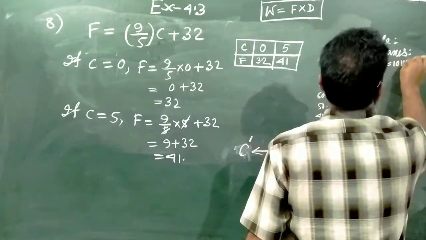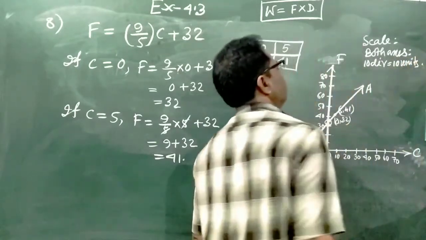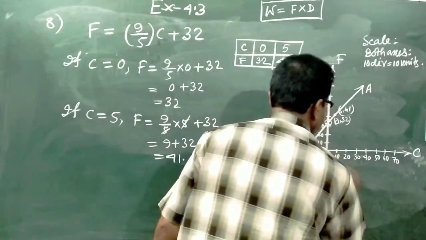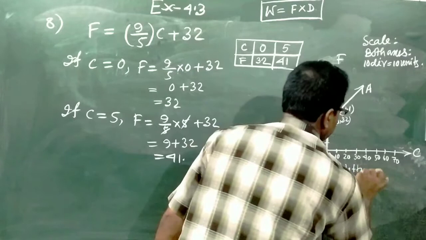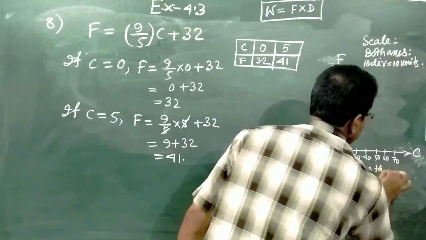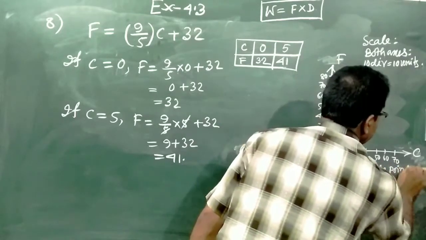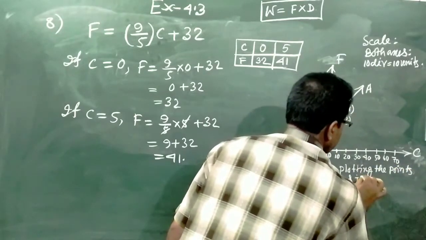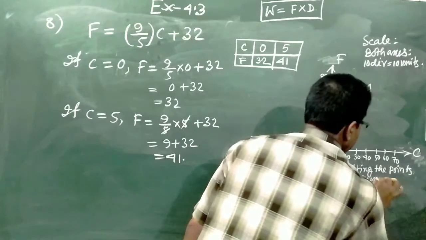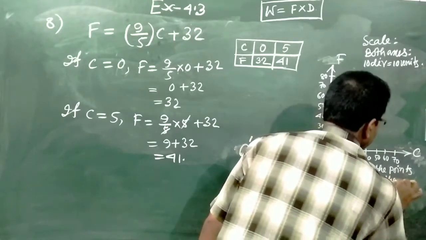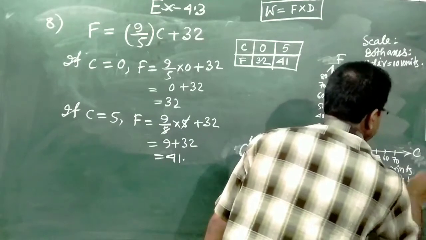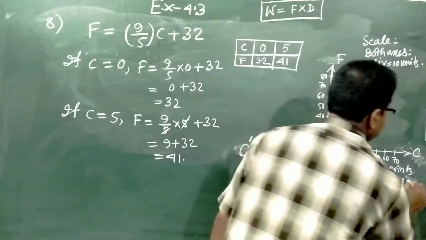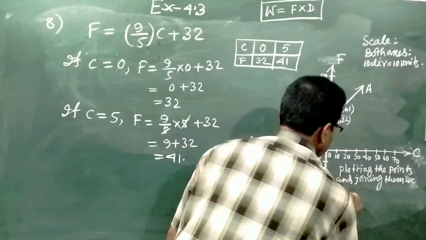So here, a short explanation: plotting the points and joining them by a straight line, we get the required graph.